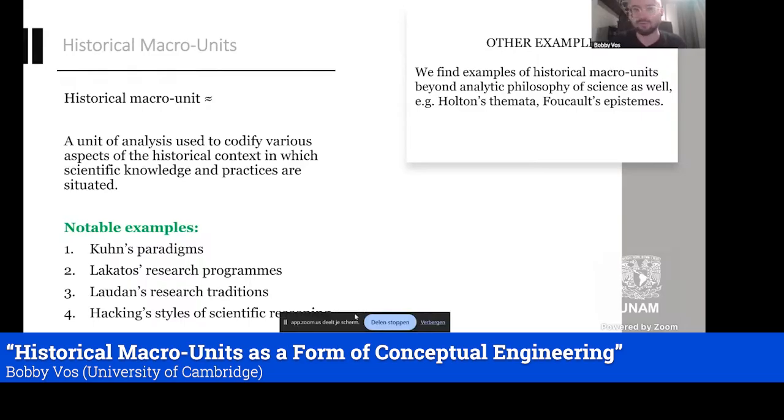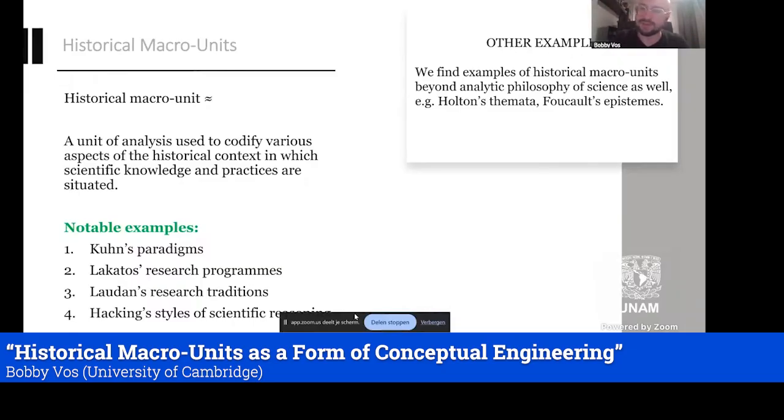And if we move beyond analytic philosophy of science proper, although even in that setting there are more examples to highlight, even going beyond that, we find various other examples of macro units emerge during this time period.